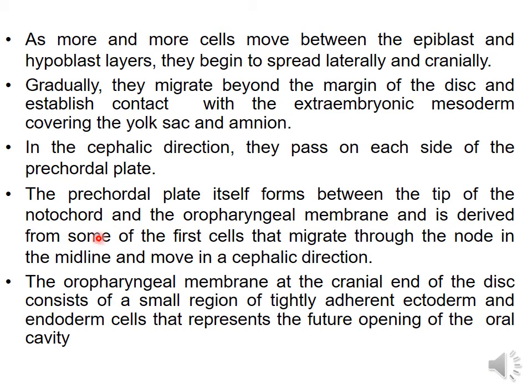It's derived from some of the first cells that migrated through the node in the midline and moved in a cephalic direction. The oropharyngeal membrane at the cranial end of the disc consists of a small region of tightly adherent ectoderm and endoderm cells that represents the future opening of the oral cavity.